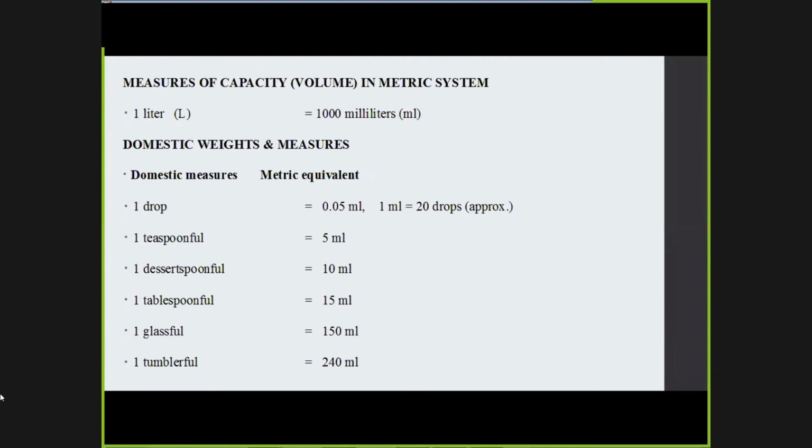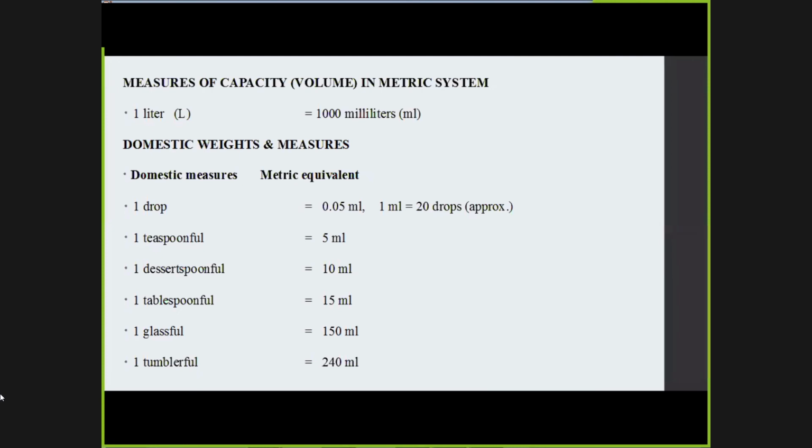The less familiar aspect of it is domestic weights and measures. These are all the things which you would be using and the doctors frequently use for giving patients instructions as to how much of drug is required to be administered. We don't have 5 ml, 10 ml, 15 ml syringes at homes, okay, for accurate calibration or for other measures.